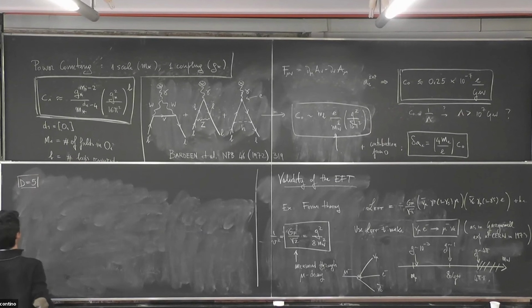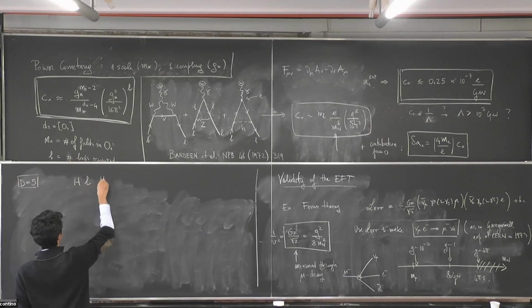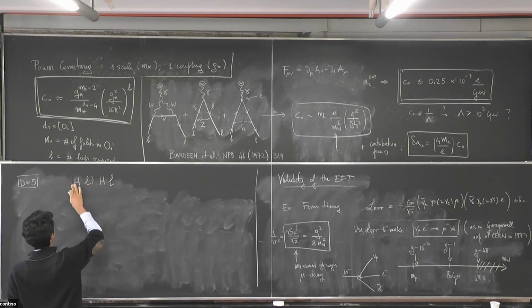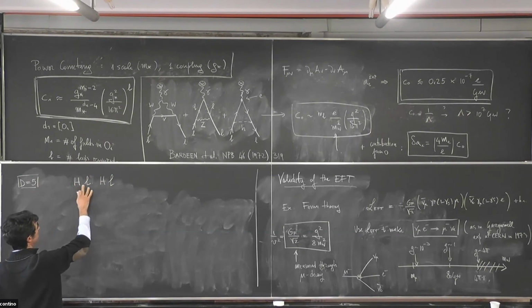the Weinberg operator at the dimension 5 level, which is written as HL, where each of these two pairs of fields has SU(2) left quantum numbers which are contracted into a singlet.